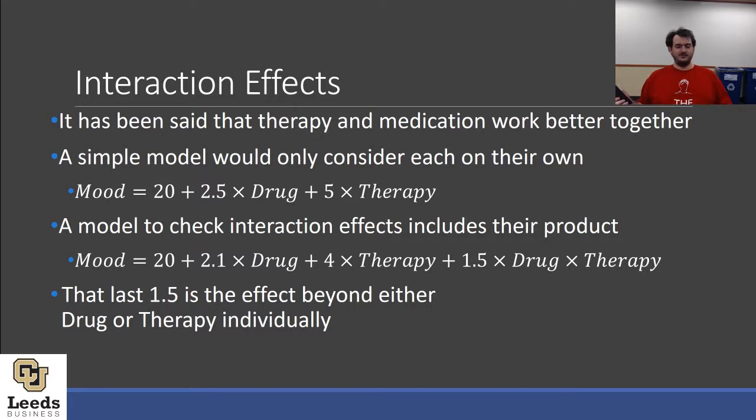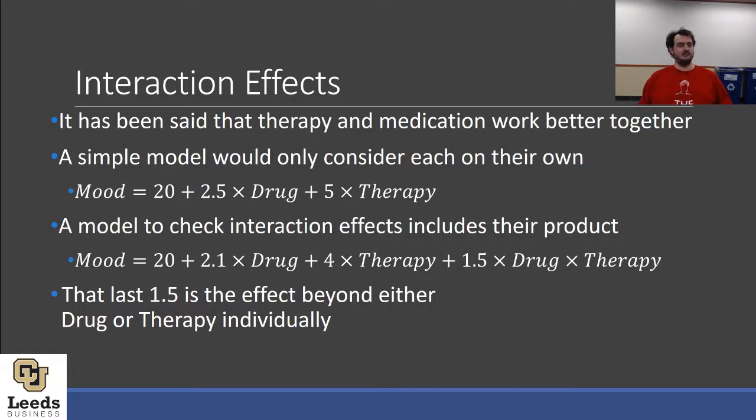You can now check an interaction effect to see how that would compare. So now we've got 20, our same intercept, our same base rate, or our same prediction for someone who was on no drugs and not in therapy. And then we have 2.1 times drug, plus 4 times therapy, plus 1.5 times drug times therapy. Now, drug is a little bit smaller, so the effect of drug is smaller.